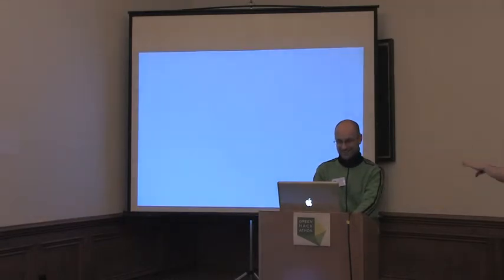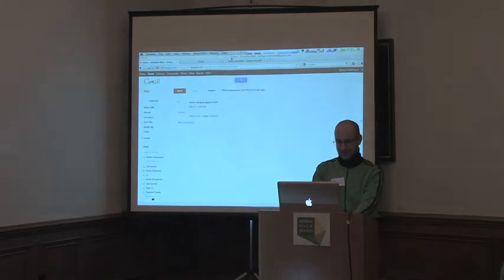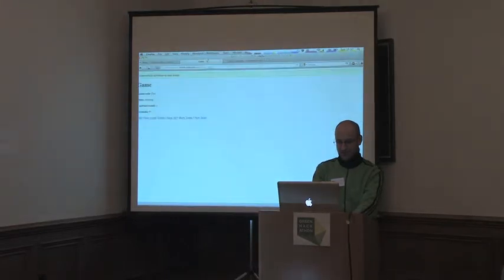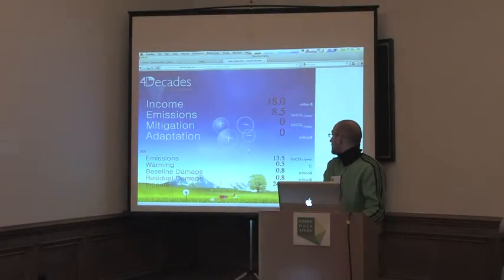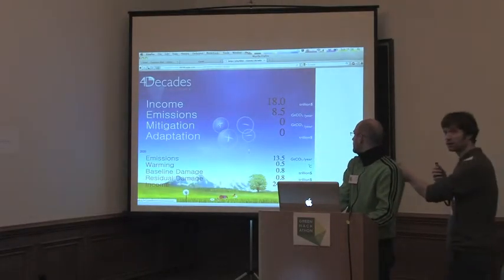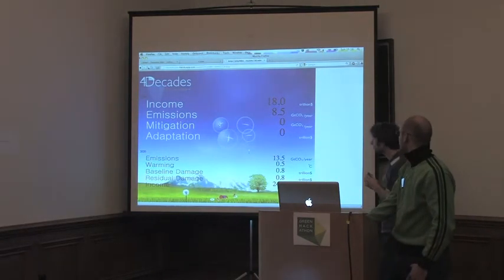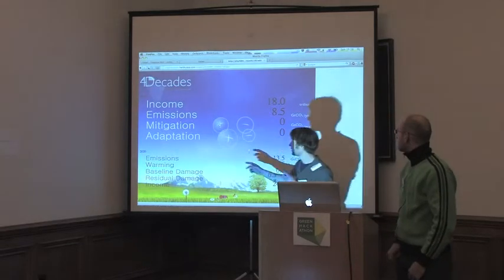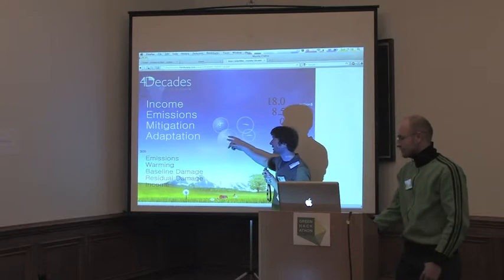So you just saw the interface for the players. Behind that is a very simple climate model, and all the regions are connected. So one decision of one team influences the emissions of the other team as well. To keep things simple, the only choice a team has is to invest in either mitigation or adaptation.